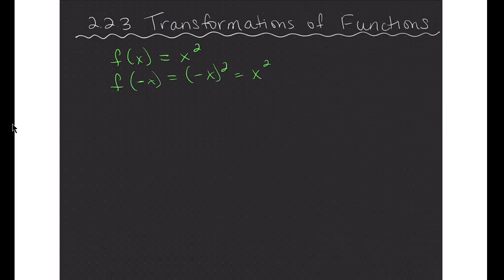And then what we noticed was the original f of x and the new f of negative x stayed the same. They actually became the exact same graph. It didn't change it at all. So we call these ones even functions.